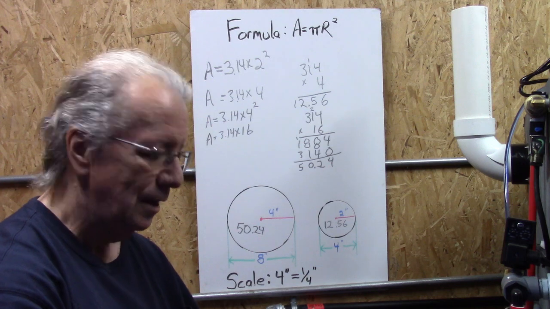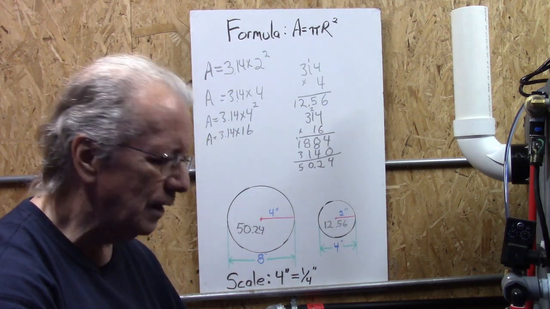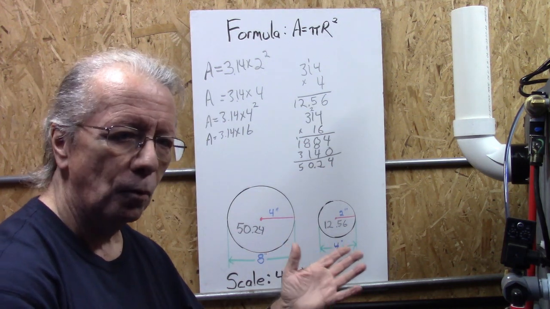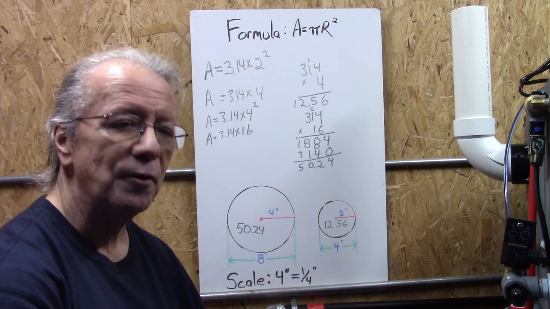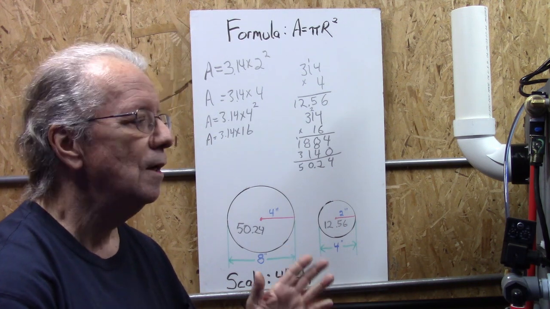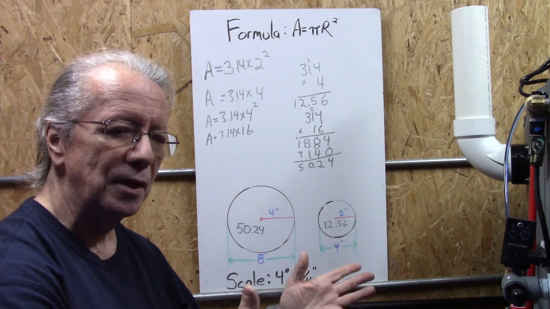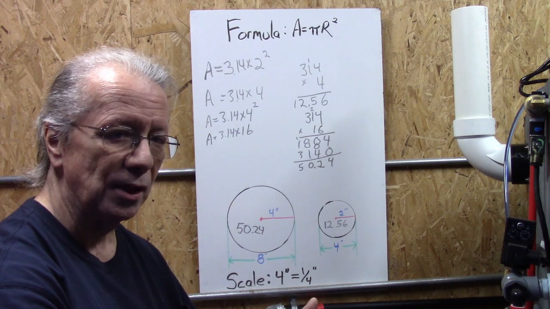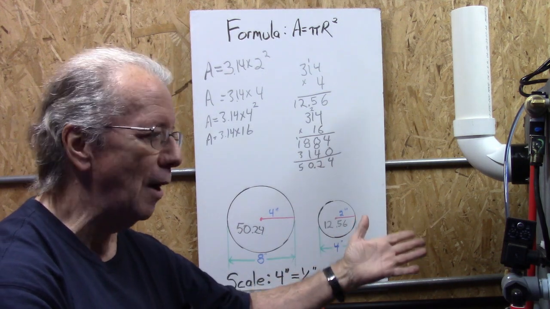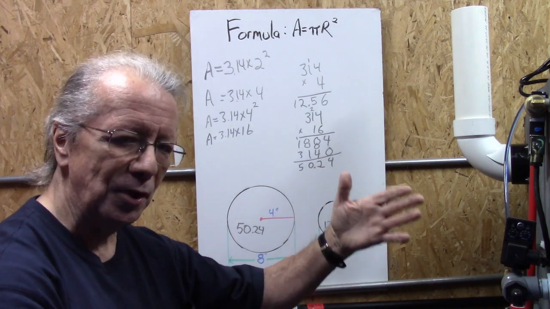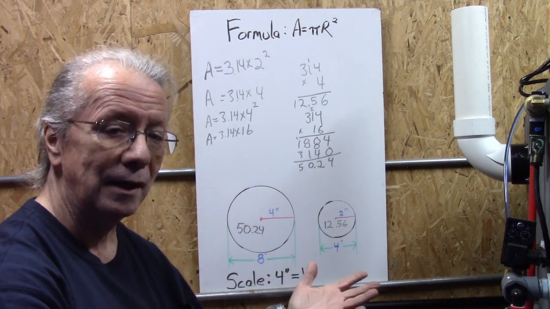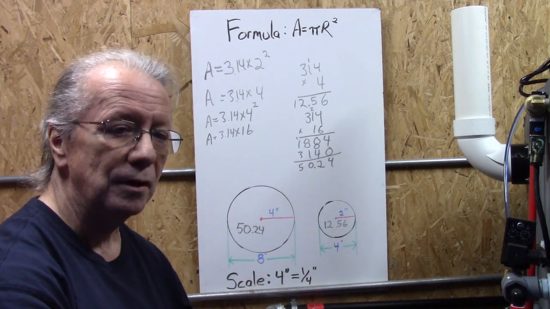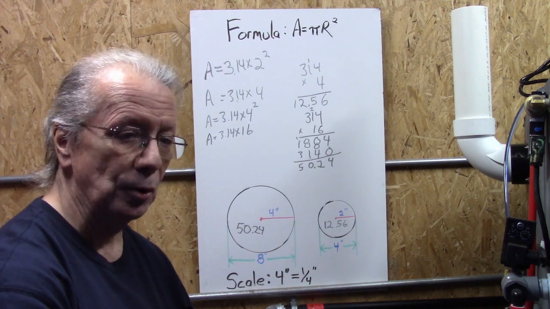The size of the jet and the size of the nozzle is what determines if the compressor can keep up. And that's the idea. You want to get a balance between the compressor and the machine where you can run the machine continuously and the compressor can keep up. As you're running it, the compressor kicks on, pumps up, and then it can shut off. And you can keep blasting as long as you need to.